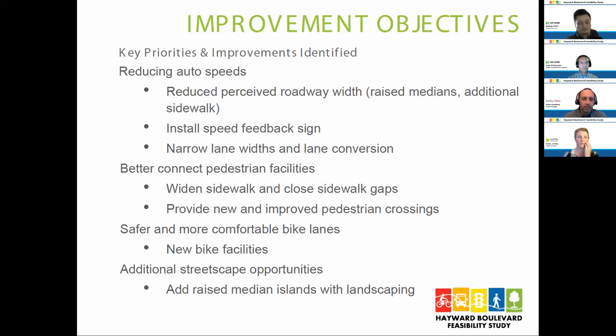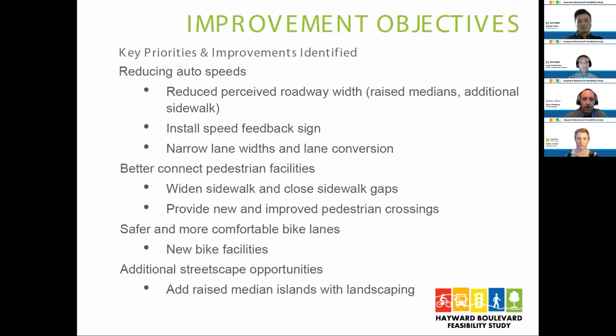Second priority is better connecting pedestrian facilities. So this one's pretty straightforward in terms of providing new sidewalks where they don't exist, or widening sidewalks where they're very narrow today. And as I mentioned earlier, a key focus is providing additional crossings in the corridor. There's only 3 places right now where you can actually cross this corridor safely in a marked crosswalk. So providing new opportunities to cross the corridor can be really beneficial for pedestrians and for safety of the corridor.